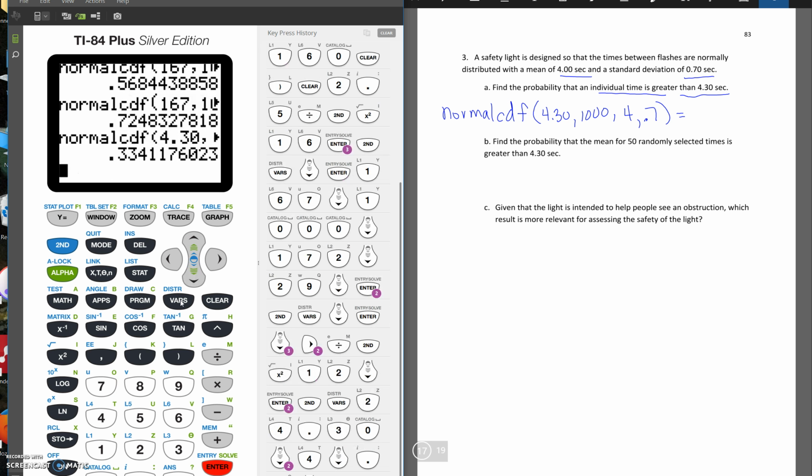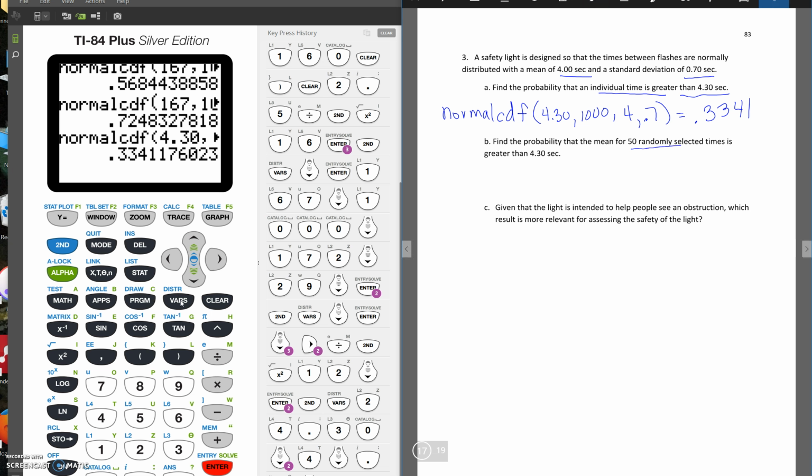So here we find that the probability is 0.3341.